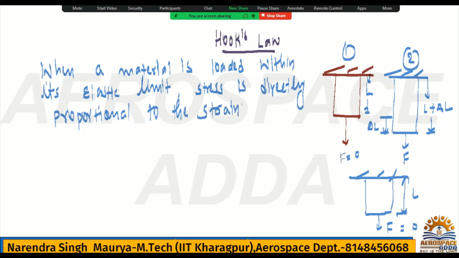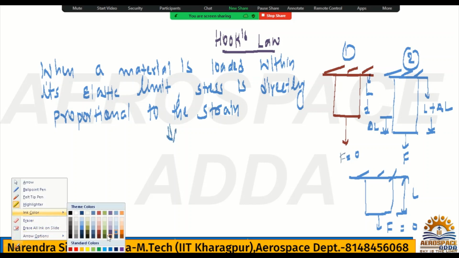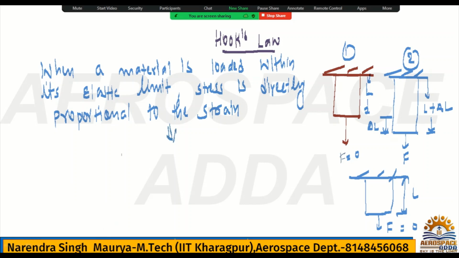Proportional to the strain. Okay, so the outcome of this is that stress is directly proportional to strain. That means sigma is directly proportional to strain epsilon.